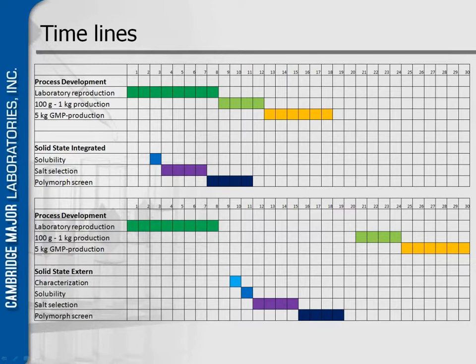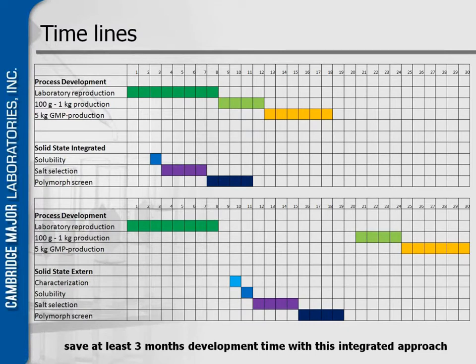As soon as a problem arises in the process, you can step in and say, okay, this is needed to get the process going again. That can be after a few weeks, or it can be needed from the start. So you can save up to 3 months of development time with this integrated approach.